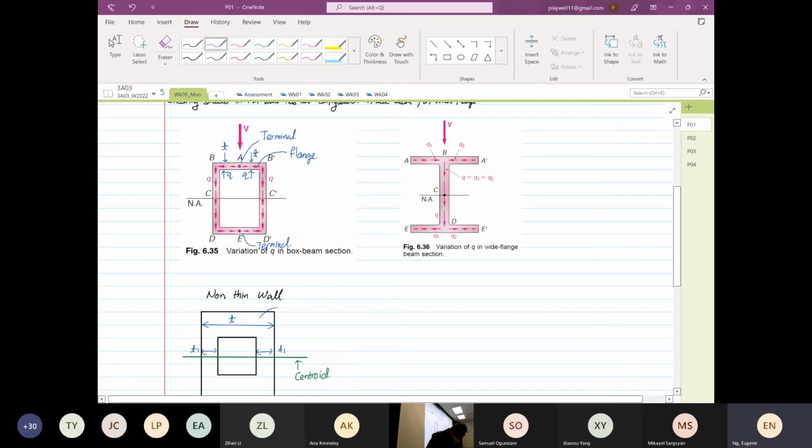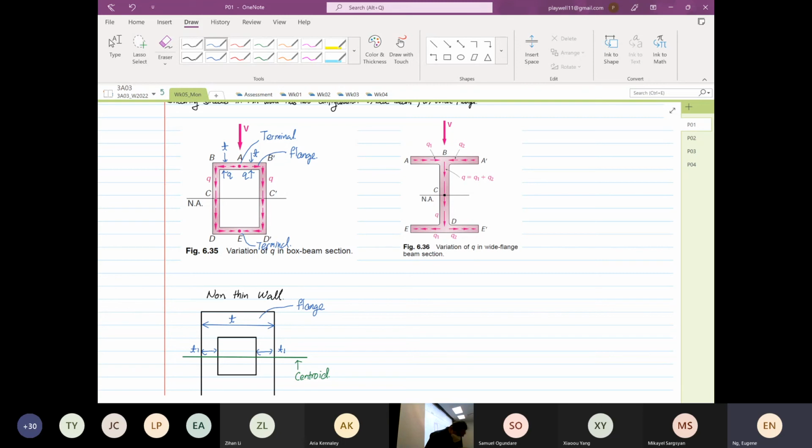This is also the flange. It's different between the one for non-thin wall and thin wall. The thickness is different. So how to identify the thickness?